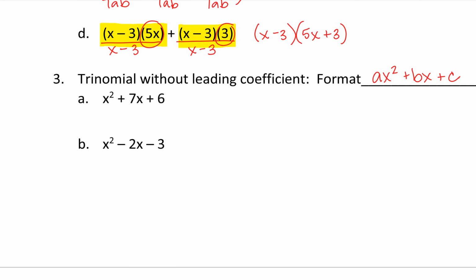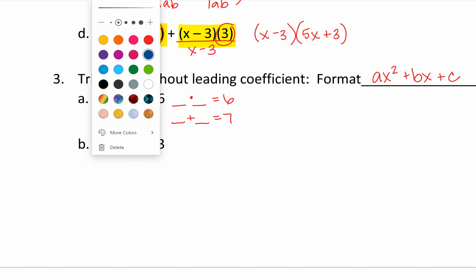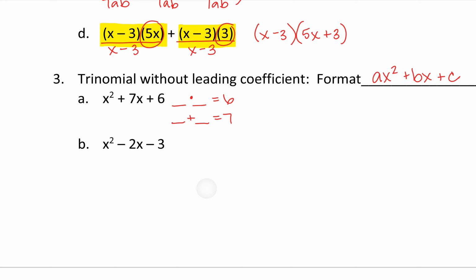So when I'm working my problems, I ask what times what gives me that 6 but adds to give me 7. This is where knowing my factors and how to add and subtract positive and negative numbers comes in handy. Looking at my first one, what times what gives me 6 and adds to give me 7? My factors of 6 are 2 and 3. 2 and 3 do not add to be 7, so it must be 6 and 1.